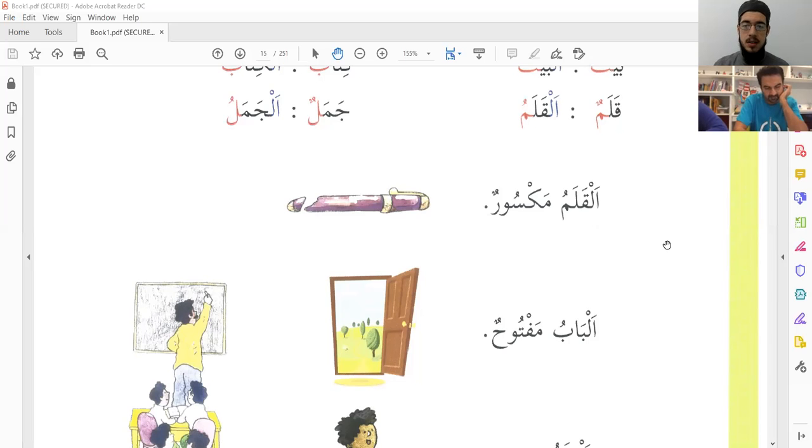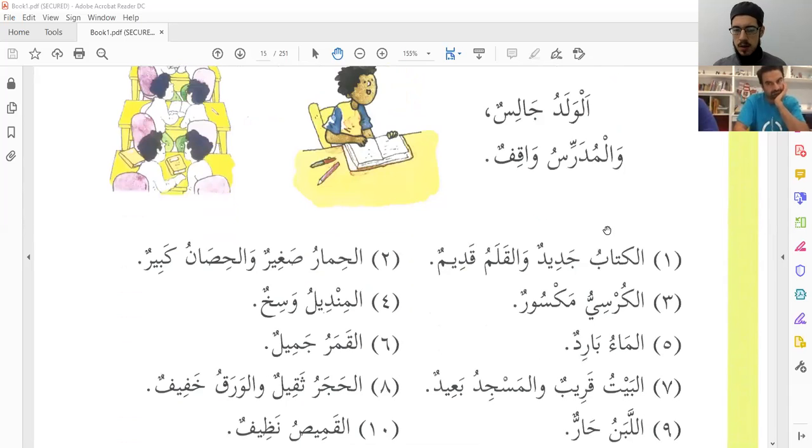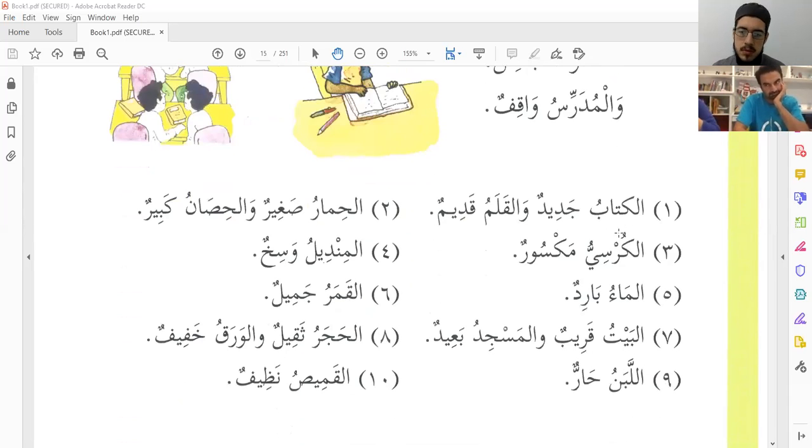So it's not possible to have al-qalamun, and it's not possible to have maksuru, right? Either you have, we're talking about nouns, either you have tanween or you have alif lam. So good, let's just get right into the exercises and we will elaborate on or reiterate some of the grammar as we go.